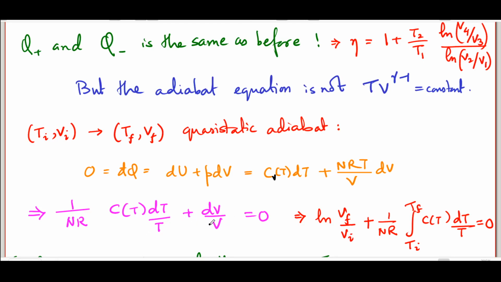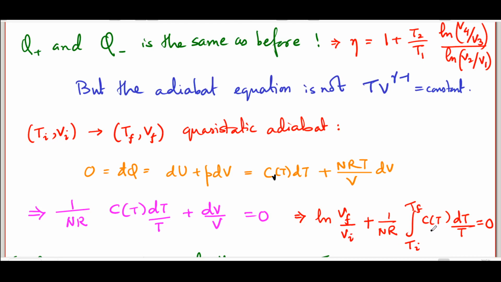Now, if we integrate this equation, we are going to get 0 from the right hand side. Remember this is a definite integral that we are doing from this state to this state. So the right hand side, of course, will integrate to 0. On the left hand side, this integral is something we cannot really evaluate unless we know exactly what C of T is.